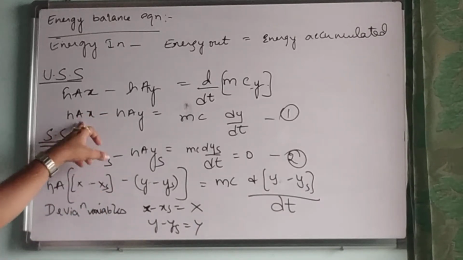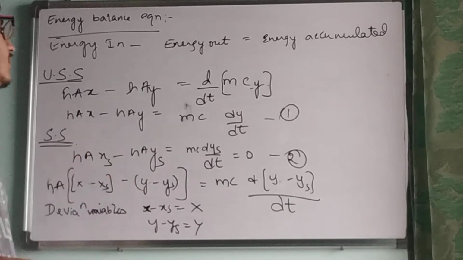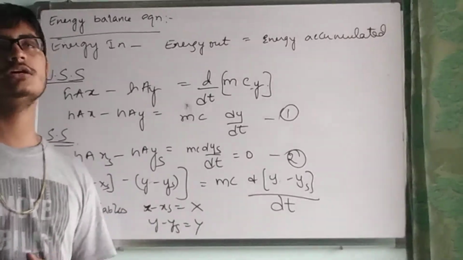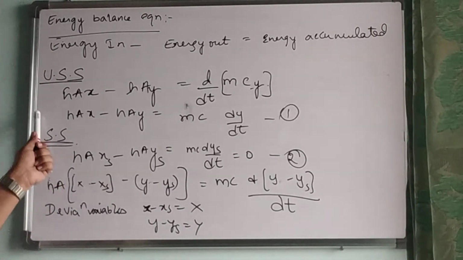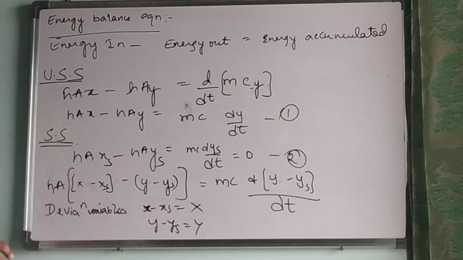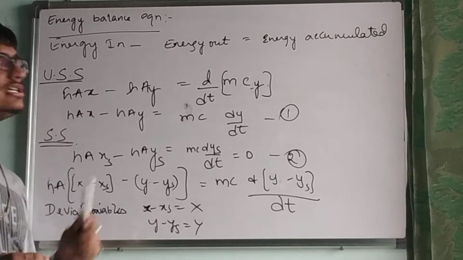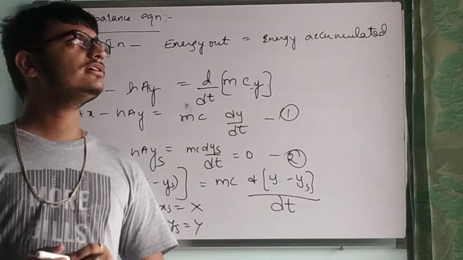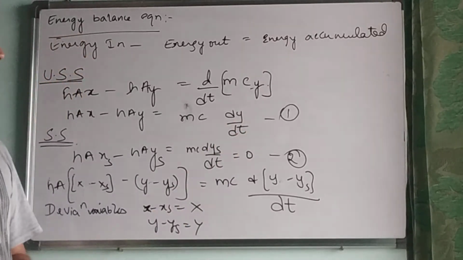So heat in watts: heat transfer coefficient into A into Y is also equal to mCp delta T. You will write this for unsteady state and steady state cases. X is the input temperature, Y is the output temperature, and mCp dY by dt is accumulated inside.